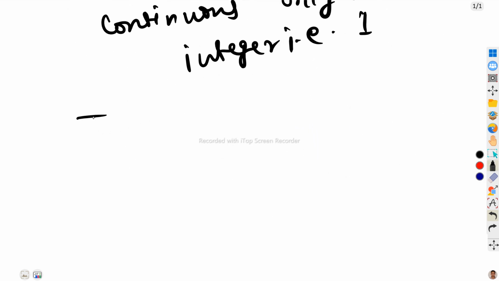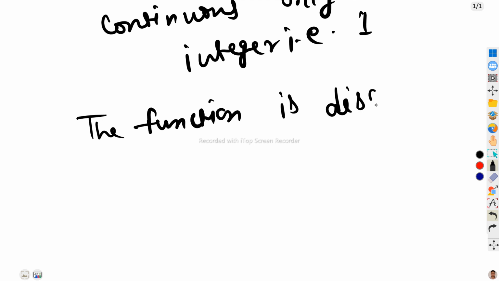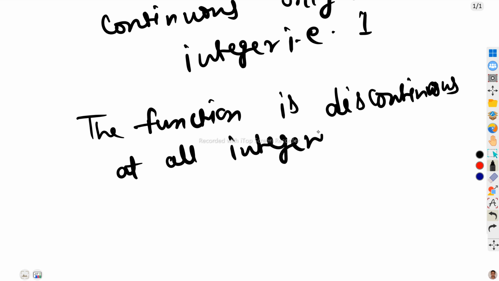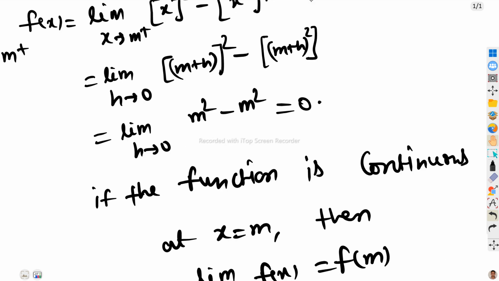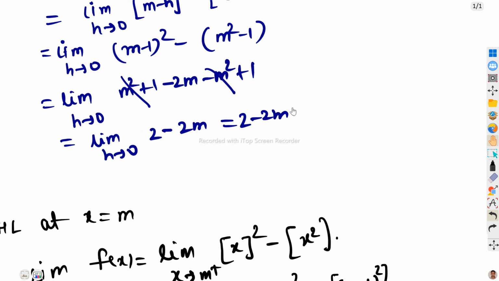So the function is discontinuous at all integers except 1. So option D is the correct choice for the given problem.